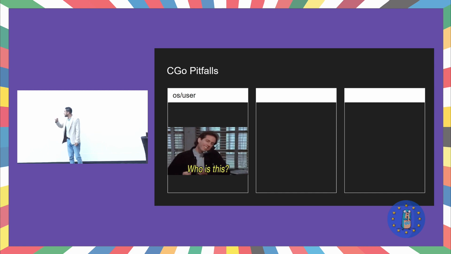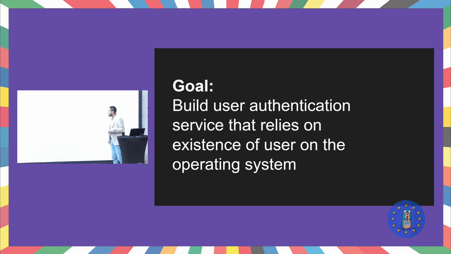First, we have a look at the OS user package. The package offers a set of functions that will help you look up users, groups, and interact with the user systems and the operating system itself. To take you through this thought experiment, we'll assume that we're building an authentication microservice that relies on the user existing on the operating system.